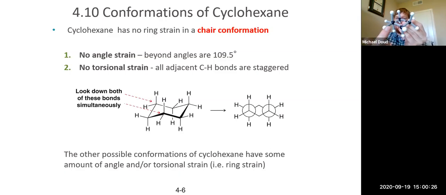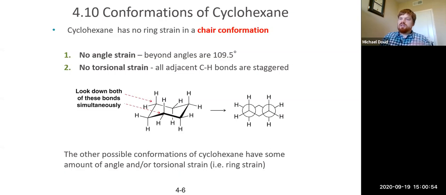Here we've got a front and back on the left side, and as you can see, we have a staggered conformation of the substituents behind it. And then if we look at the other side, sure enough, it's another front and back, and the substituents on that also look quite staggered. So we've eliminated basically all the torsional strain, and just geometrically speaking, it worked out perfectly. The angles are at about 109.5 degrees.